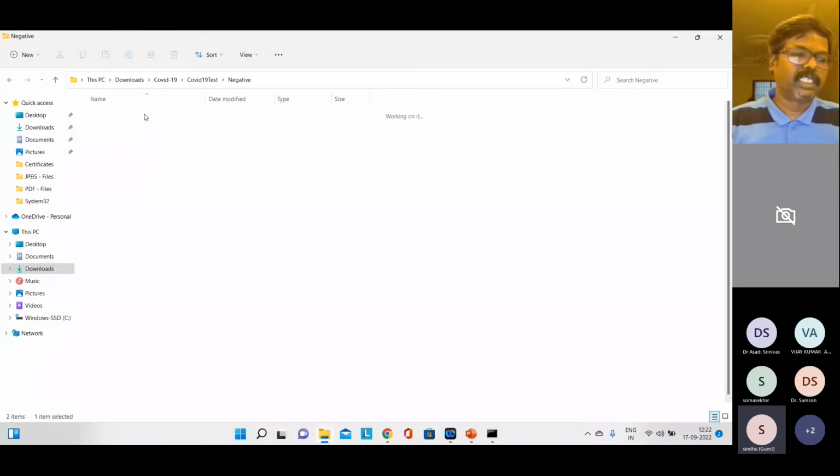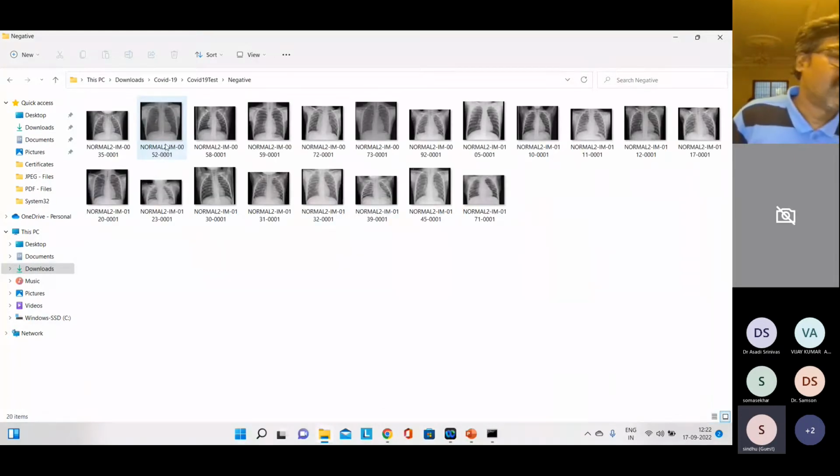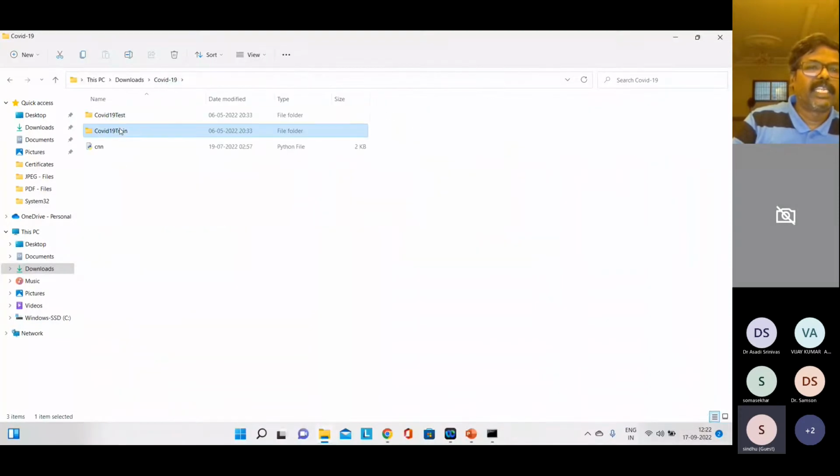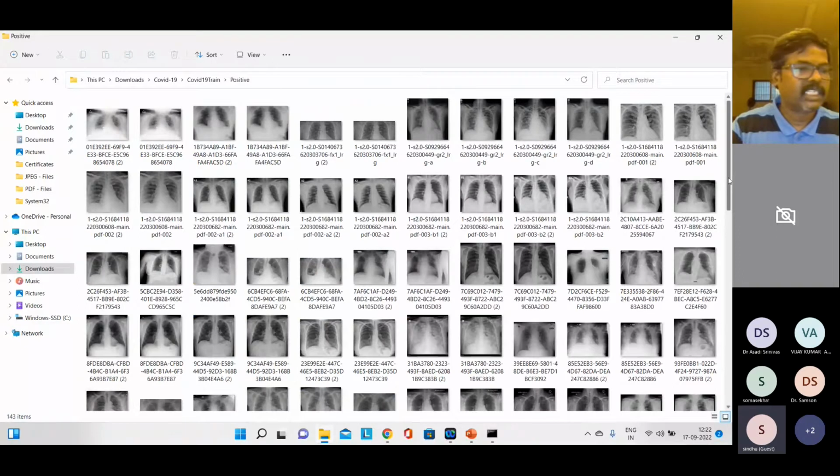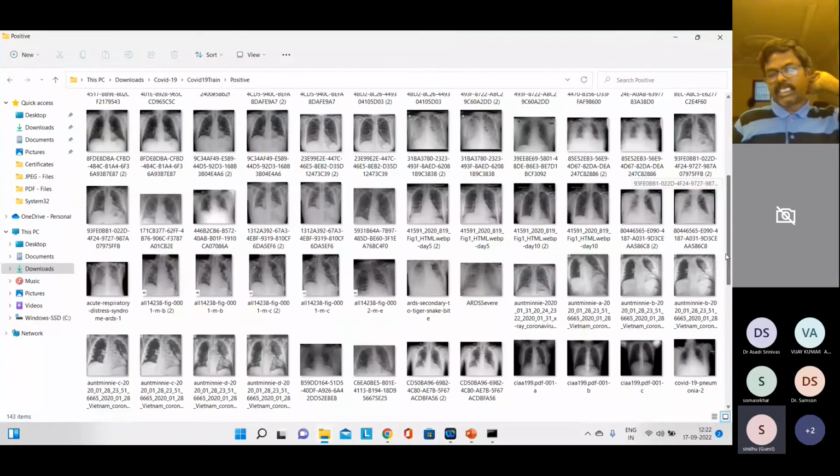These are the images of COVID-19 virus prediction X-ray images, and this is about COVID train data. This is positive images data. This is a data set I have taken for COVID-19 virus prediction and detection.